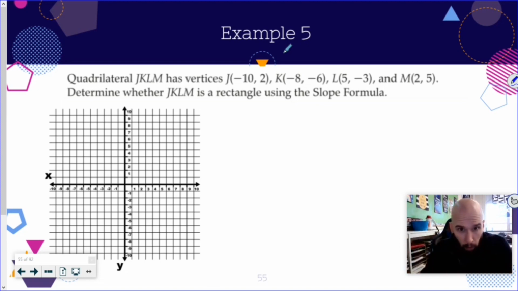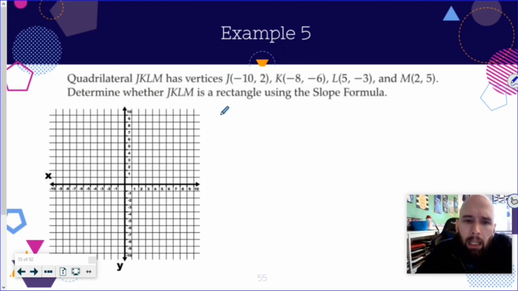Perpendicular slopes are negative reciprocals of each other. So this is what I'm looking for. I need two lines that have the same slope. I need two lines that have a different same slope. And are those different slopes negative reciprocals of each other? If they are, I have a rectangle. So let's just go in order.